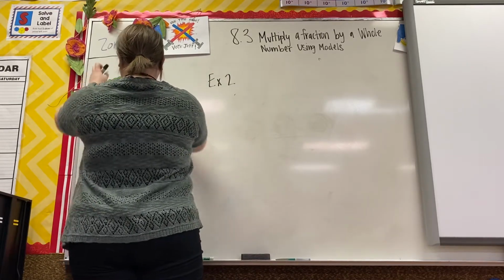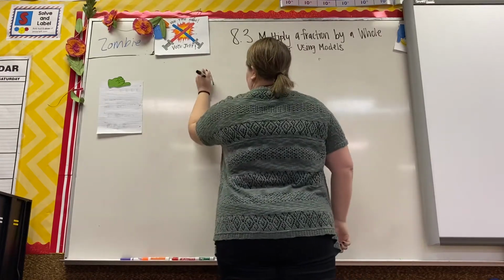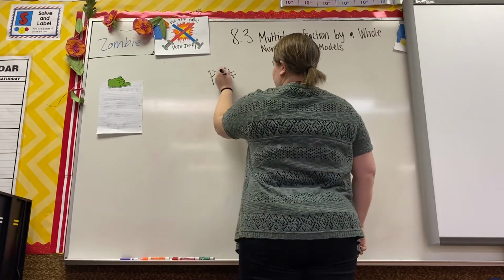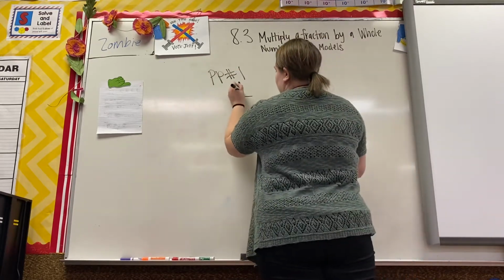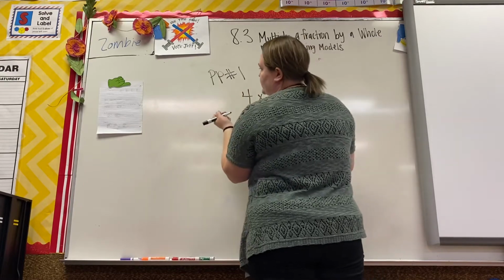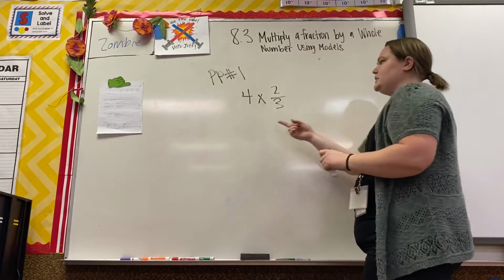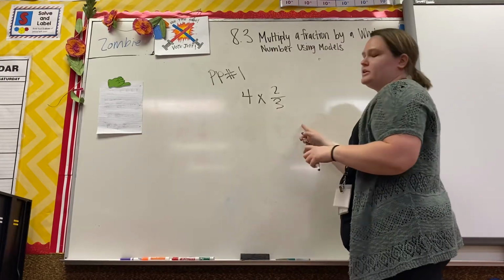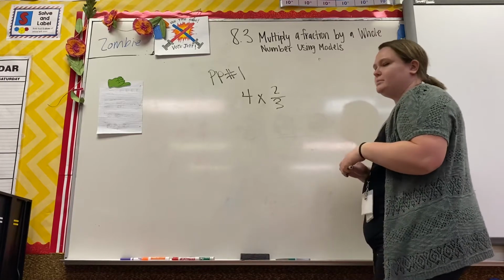Here is pause problem number 1. So I want you to pause the video and solve the problem. You want to represent 4 groups of 2/3. So you're going to use a model, and how can you represent 4 groups of 2/3? So pause the video and try it yourself, but I'm going to keep going.